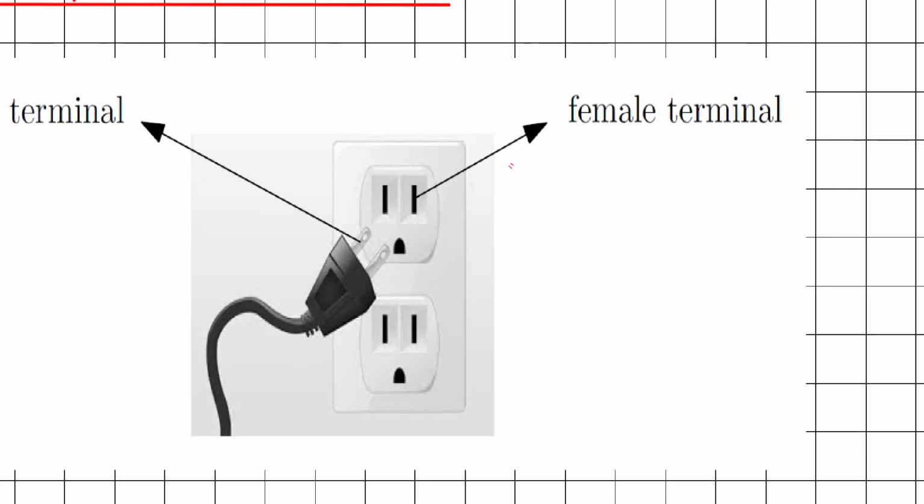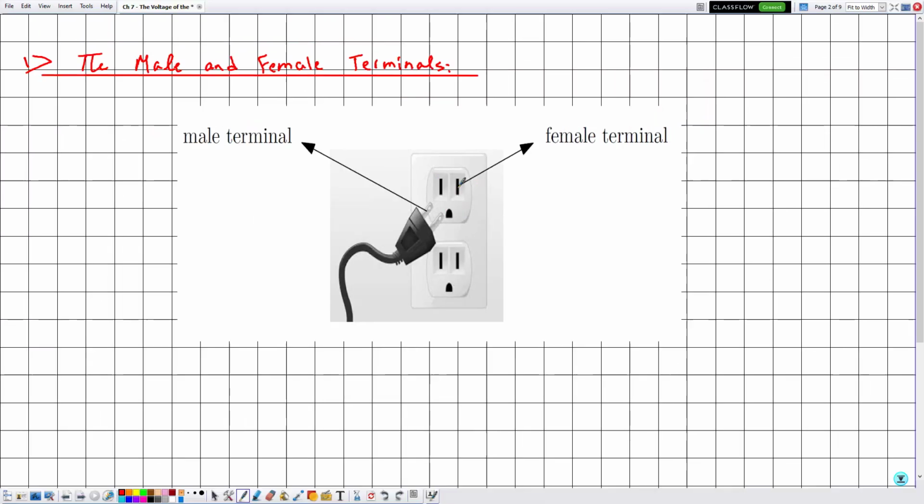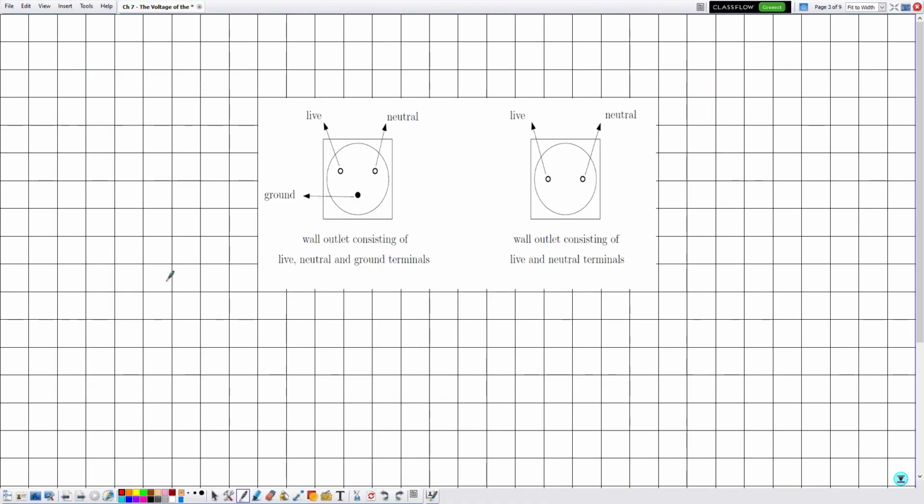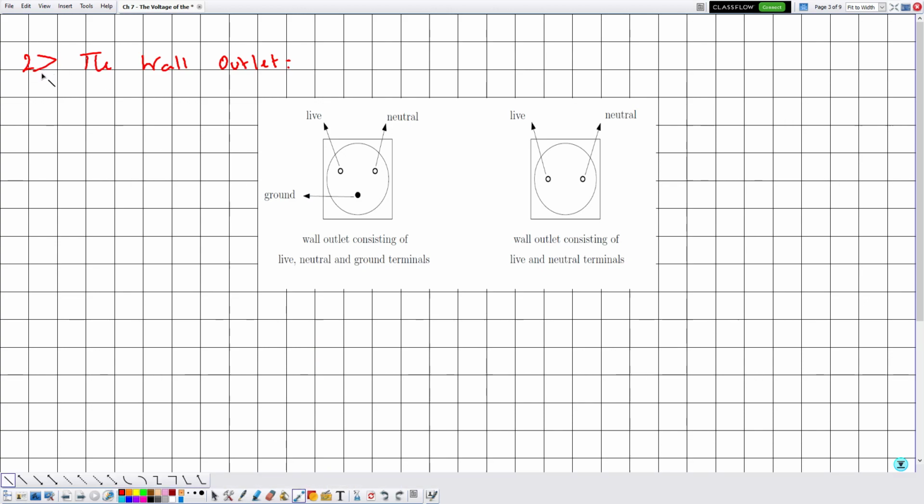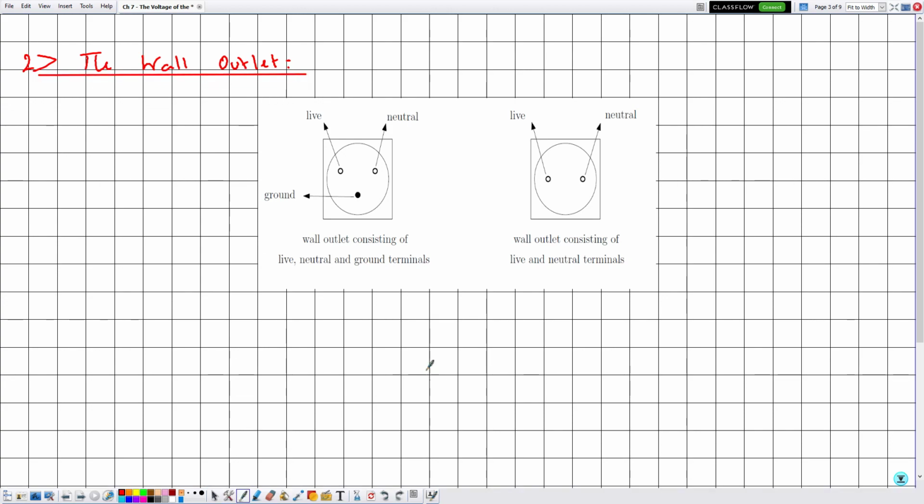Now let's talk about the wall outlet, and let me write section number 2, which is the wall outlet. All of us are familiar with two types of outlets.